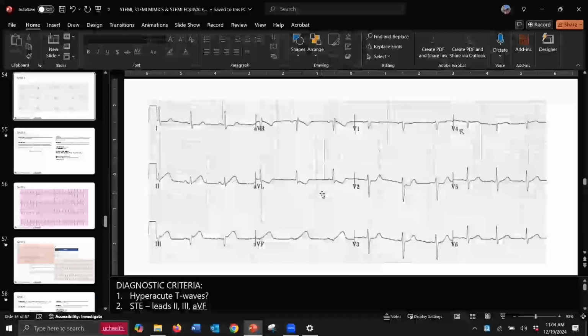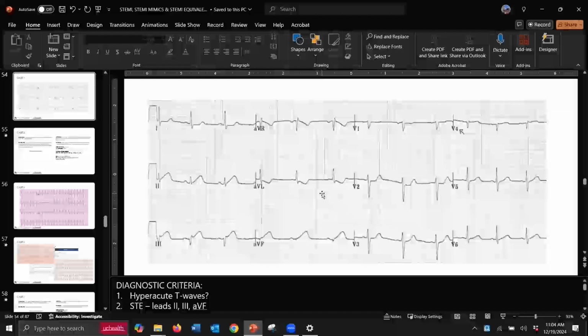Does anybody say STEMI? What are we missing? Nobody says STEMI? Okay, I'll say STEMI. It's pushing a STEMI though.